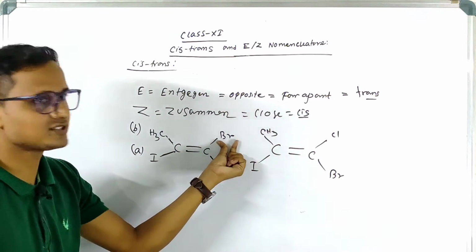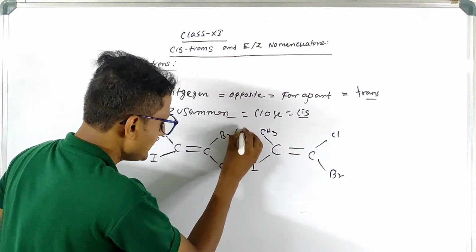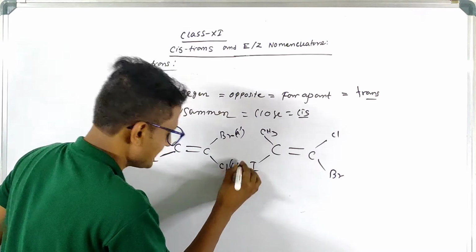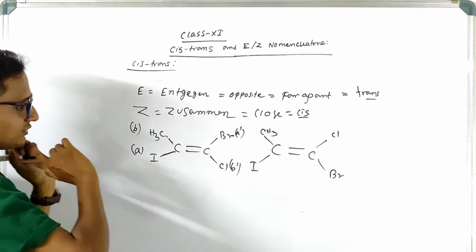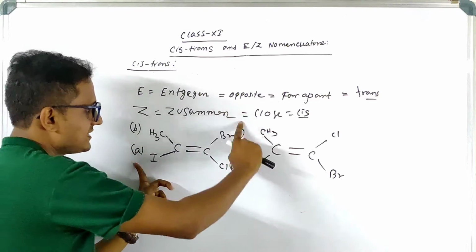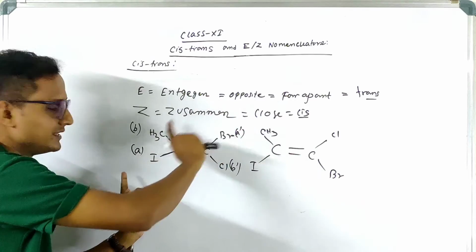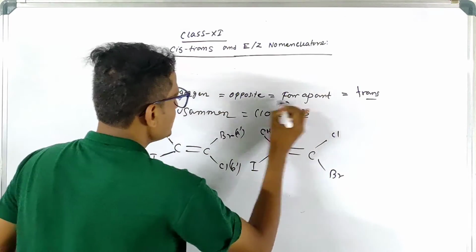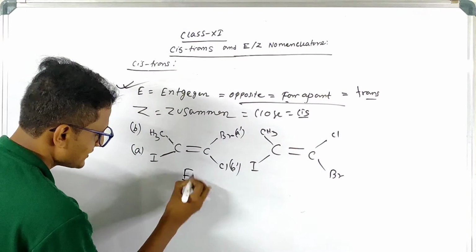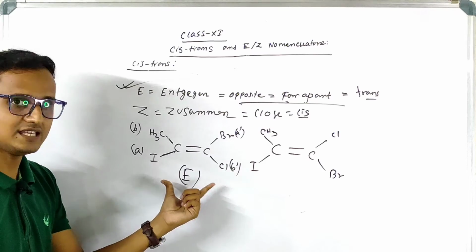The atomic number of bromine is 35 and chlorine is 17. So bromine gets A dashed, chlorine gets B dashed. Like that we will number, so it will be easy. Now you see two similar groups, A and A dashed. These two are opposite to each other, so according to the rule, opposite, far apart, is E. So it is nothing but the E isomer. The nomenclature will be E.